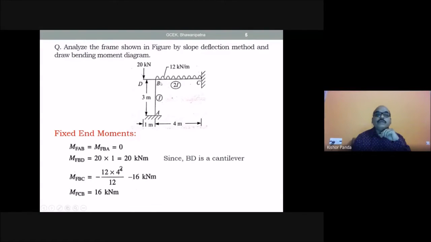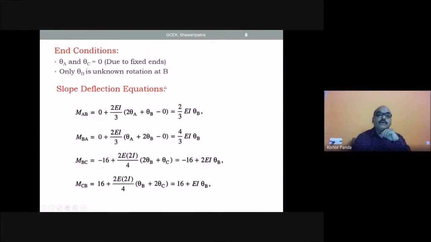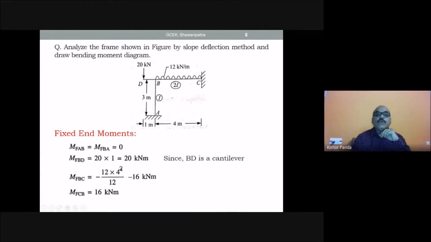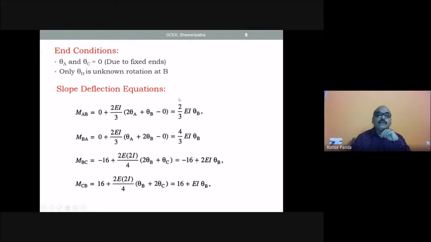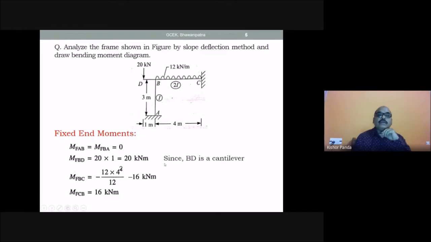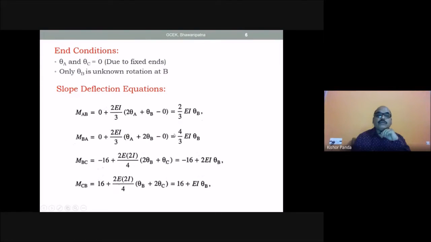Similarly, MBC is equal to MFBC, the fixed end moment, plus, since the moment of inertia is given as 2I by 4, then 2 theta B plus theta C. Here the theta C is equal to 0.